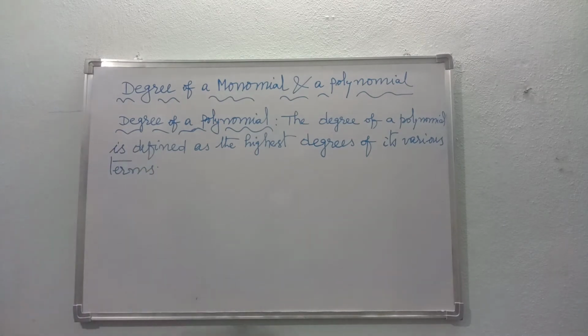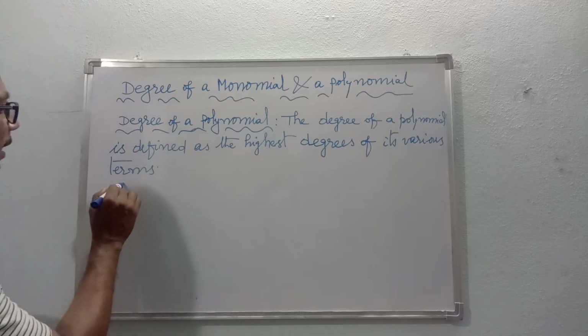So what is the degree of a polynomial? The degree of a polynomial is defined as the highest degree of its various terms. So let us see this through an example.